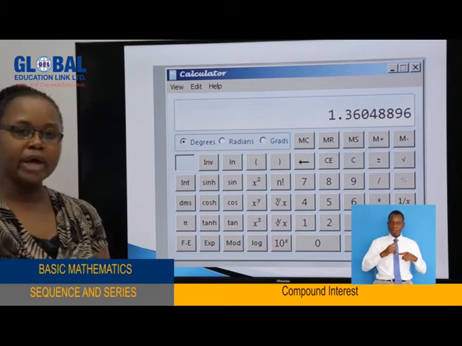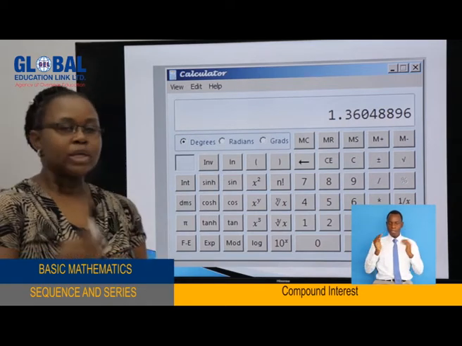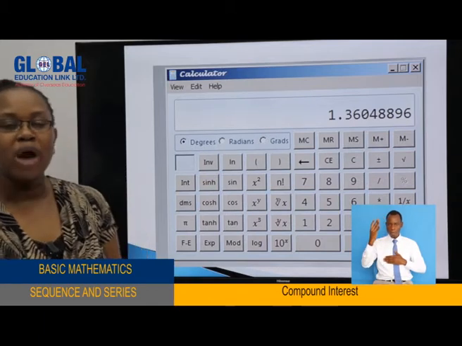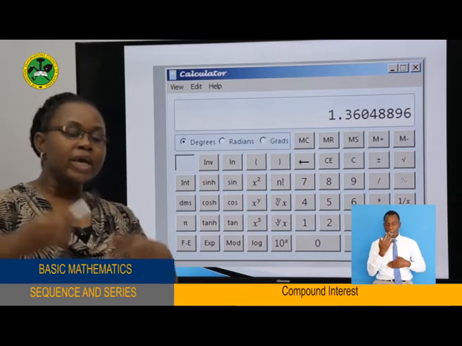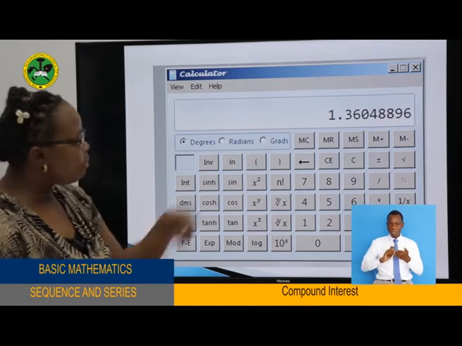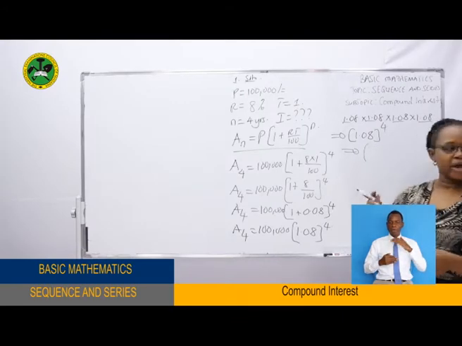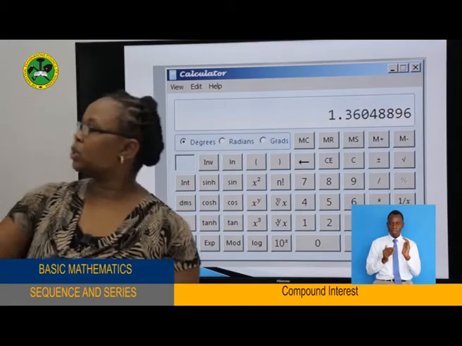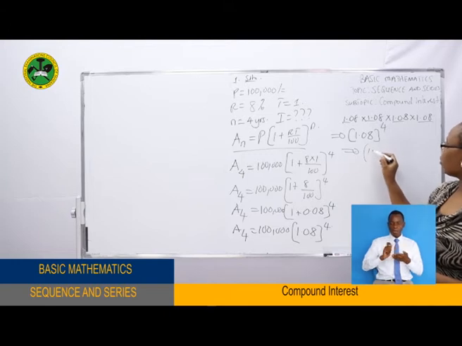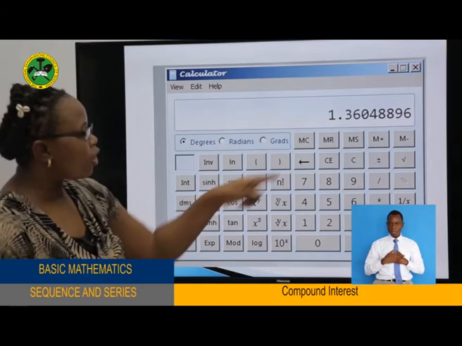What you are supposed to do is write the number inside the bracket: you write the opening bracket, then the number 1.08, then click the closing bracket.